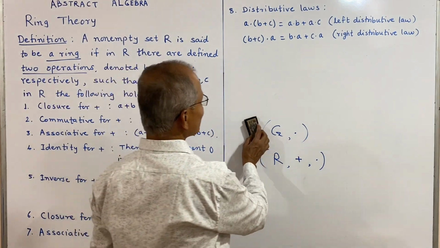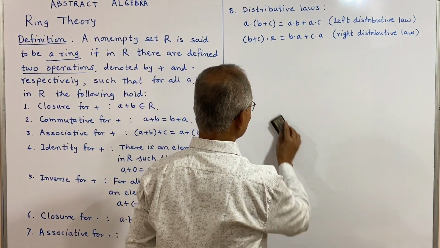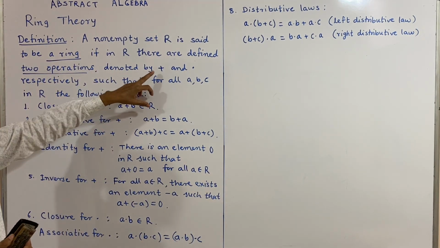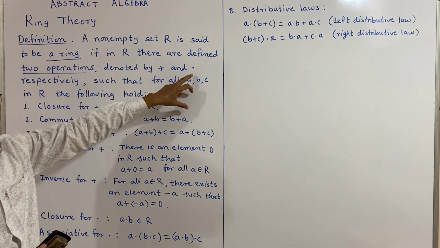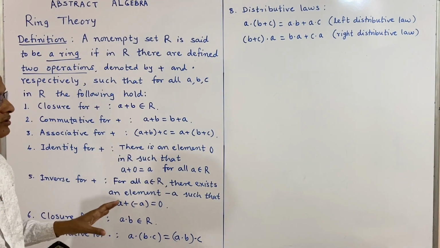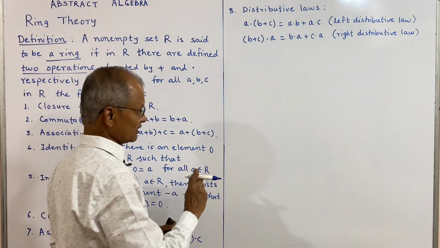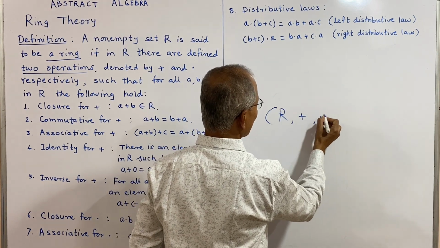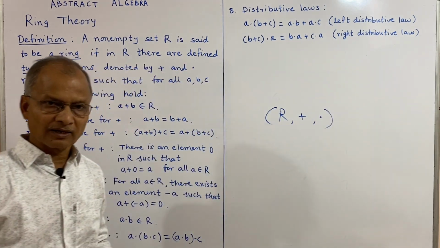So if these laws are satisfied by the elements in R with respect to the operations plus and dot, then the structure is known as a ring. And we denote this as R with plus and dot operations forms a ring.